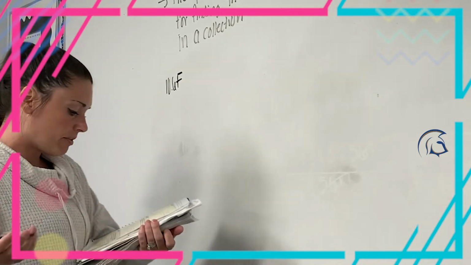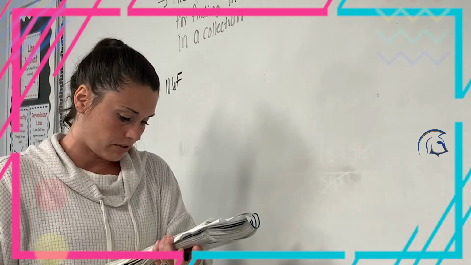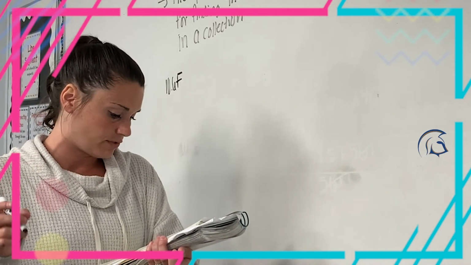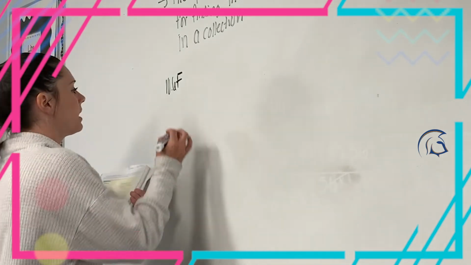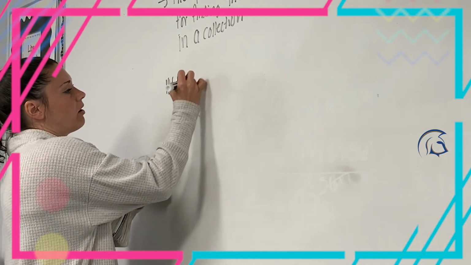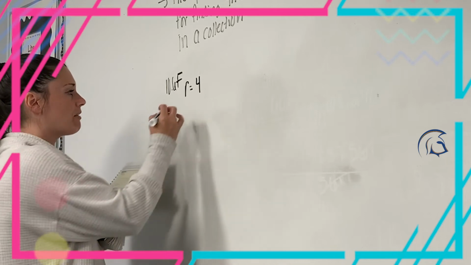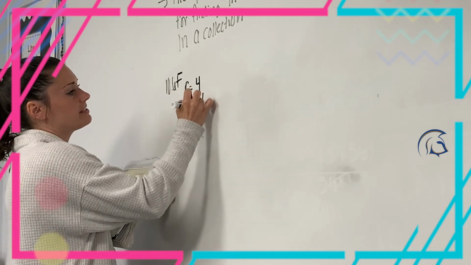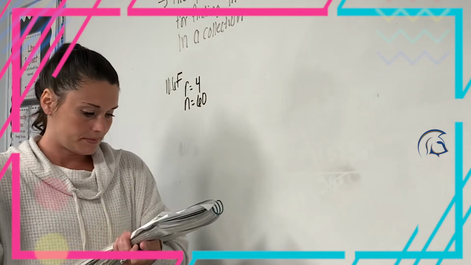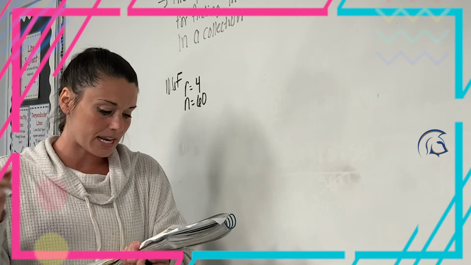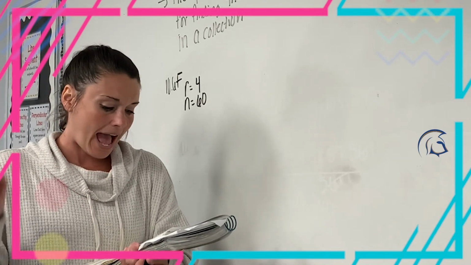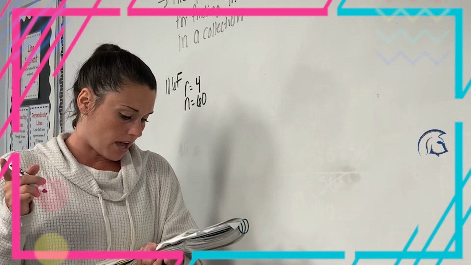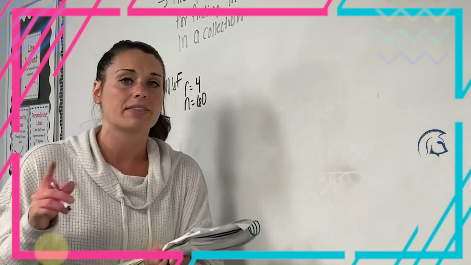So it says the day before Westwood High School class selection, the principal needs 4 of the seniors. Okay, he needs 4, that's going to be our r. Out of the 60 seniors, that is our total, to help set up equipment for the election. How many ways could the principal select the students?